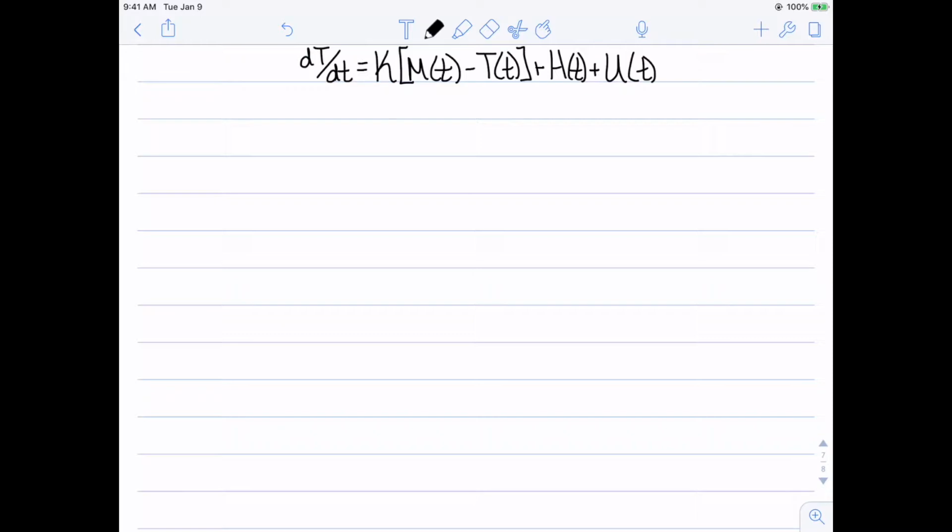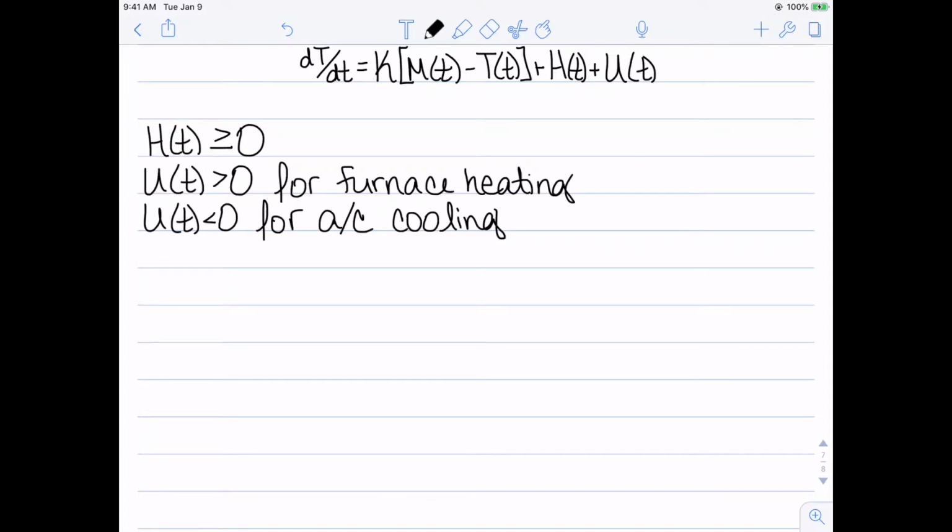And then plus U of t, where U of t is determined by the furnace or the air conditioner. This H of t term is always going to be greater than or equal to 0. These things should always be generating heat. There's never going to be anything inside the building that's causing the building to lose heat. We also have that U of t is positive for furnace heating. If we're heating the building, the U of t will be positive, and it'll be negative if we're running an air conditioner to cool the building.